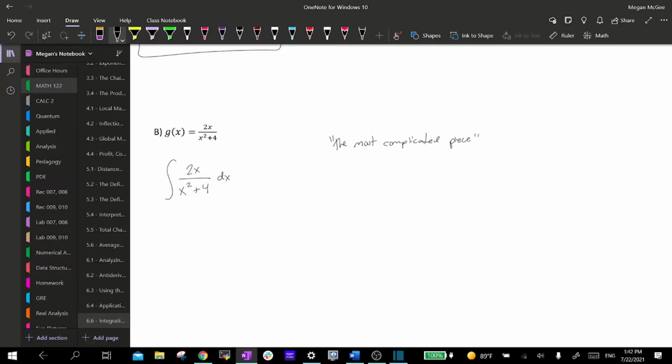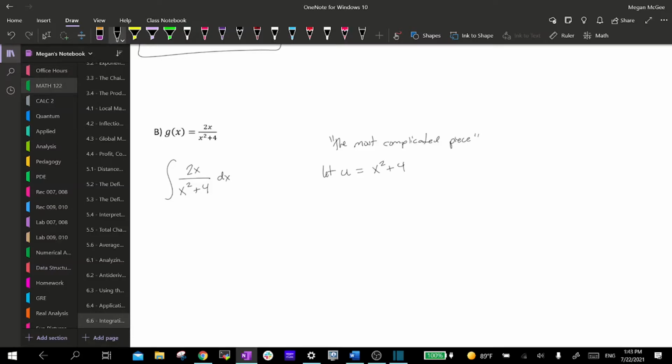Because we are going to take the derivative of it, and that should simplify it. So in this case, is 2x more complicated than x squared plus 4, or the other way around? This might be a subjective question, which is why I put it in quotations. I'm going to say we want to let u be equal to x squared plus 4.